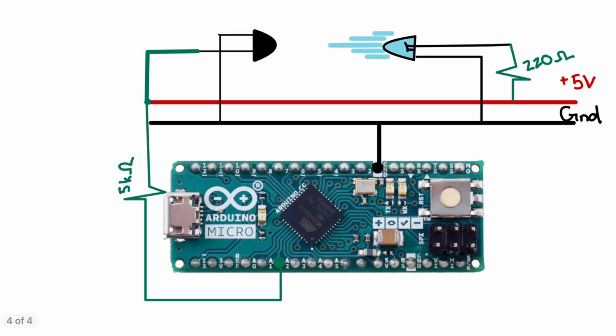So this is my circuit design. I have the photoresistor connected to A1, or the analog read pin, which then is linked back down to ground through the photoresistor, but is connected via a voltage divider on an external 5-volt source and an external ground.